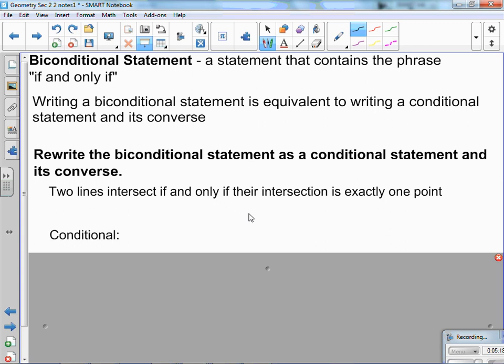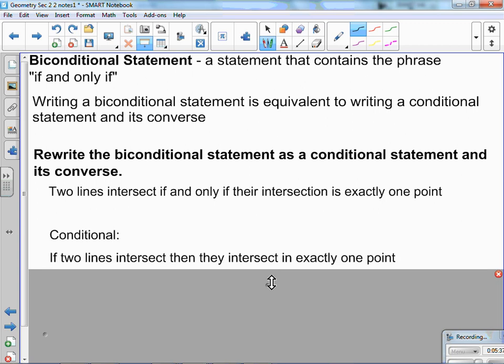So from that statement, we can make a conditional statement. Of course, we've got to get rid of the if and only if to make it into a conditional, because then it's going to be in if-then form. And so a good representation of the conditional from that would be: if two lines intersect, then they intersect in exactly 1 point.